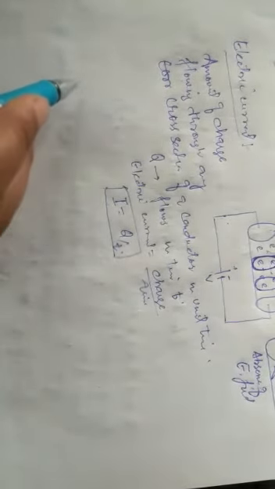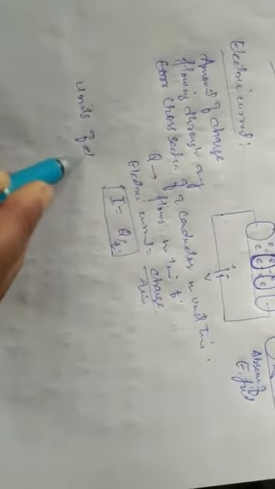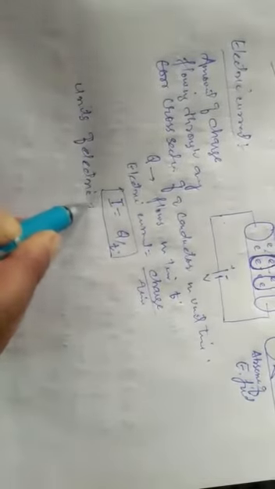Now finally we got an equation, I is equal to Q by T. Now we have to write about the units of electric current.